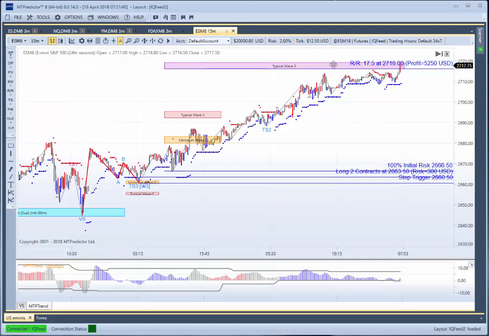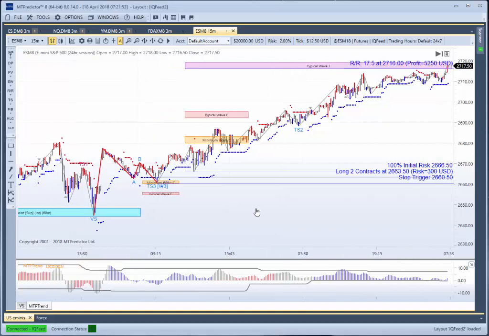that we're looking for a strong wave 3 swing, and as you can see, that's exactly what's just unfolded on the ES here. So this is a new trade setup we have in our MTPredictor 8 version, and also in our latest add-ons for NinjaTrader 7 and NinjaTrader 8. This W3 variant comes off TS3 setups and can come off TS1 and TS4 setups as well.